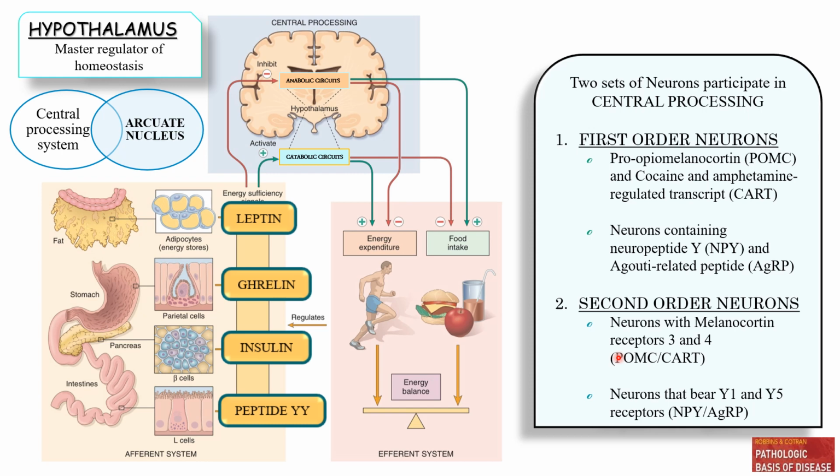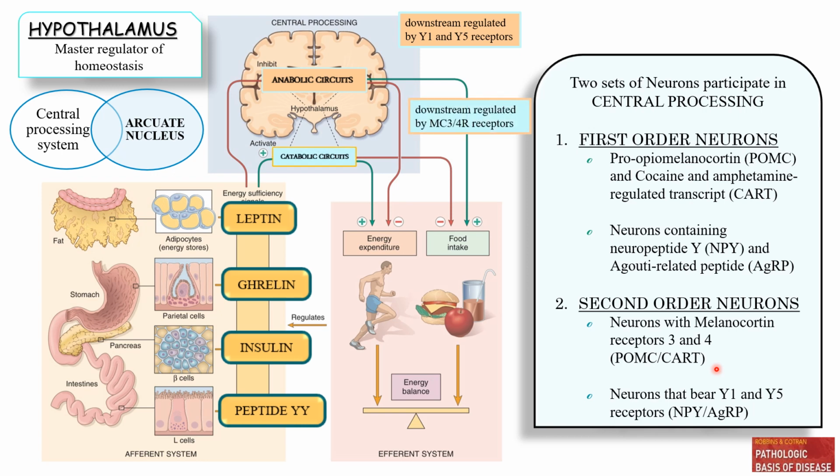The efferent system consists of signals generated from these second order neurons, and this is divided into two pathways, the anabolic circuits and the catabolic circuits, and these control the food intake and the energy expenditure.